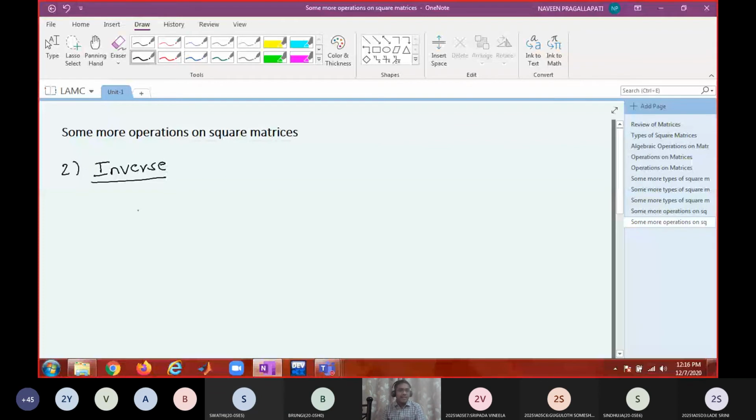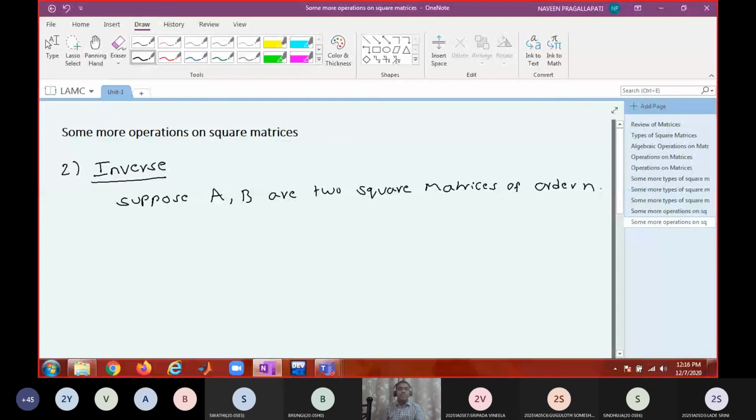Okay, I will write like this. Suppose A and B are two square matrices of order n.